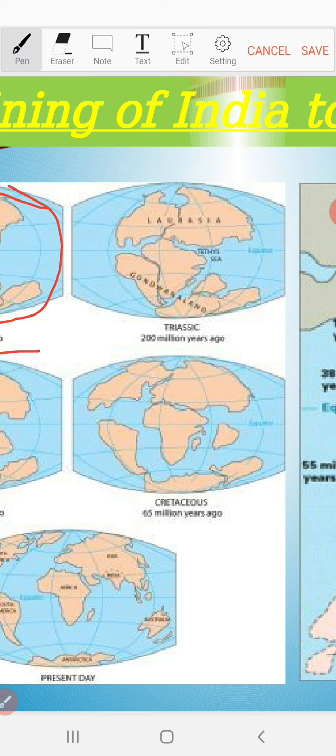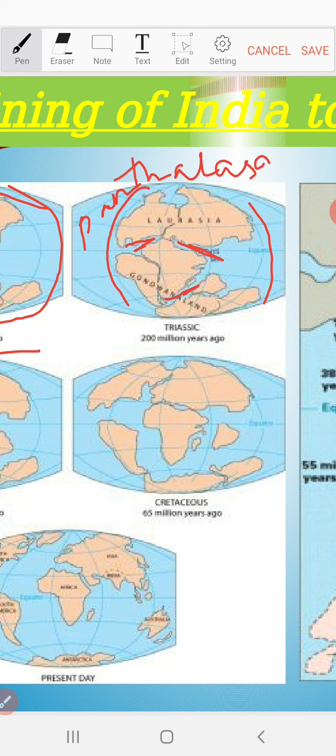You can see the developed gaps in between, and the water body that is surrounding this Pangaea was named Panthalassa. The gap in between is filled up by the water of Panthalassa. So this was 200 million years ago.